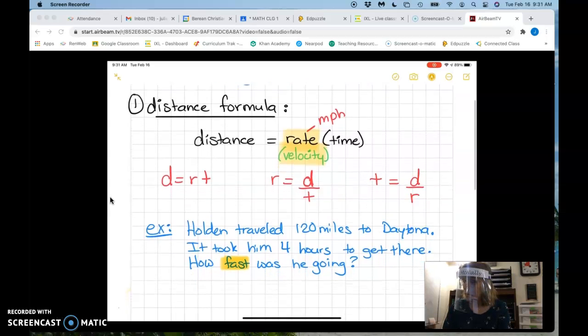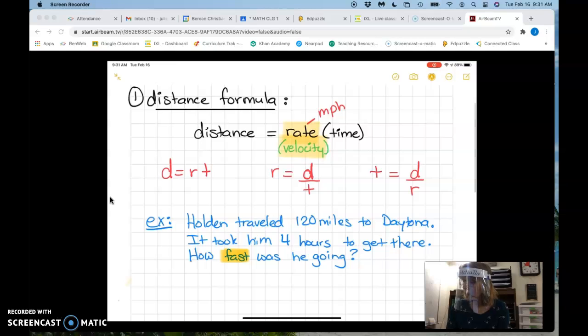Okay, so let's go ahead and plug in what we know. I know the distance that he traveled is how far? 120 miles. And I know the time, right? 4 hours. So which letter in our formula do I not know?